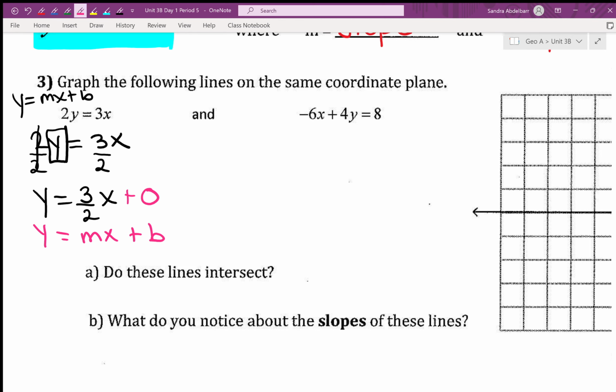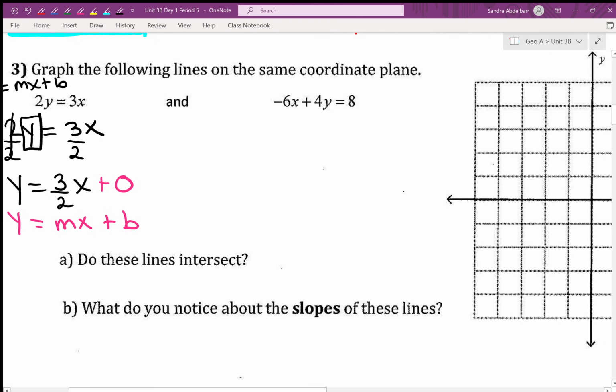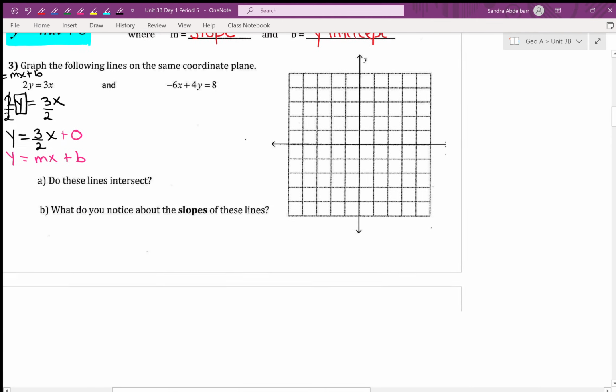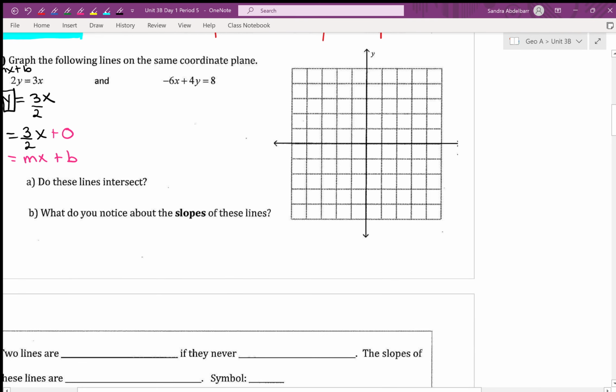Now, when you come to graph this, what you want to do is start at your y-intercept. What number is our y-intercept? 0, right? Our y-intercept is 0. So I'm going to go to the graph, and I'm going to go to where it's 0 on the y-axis. Where is it 0 on the y-axis? The origin. So I'm starting there.